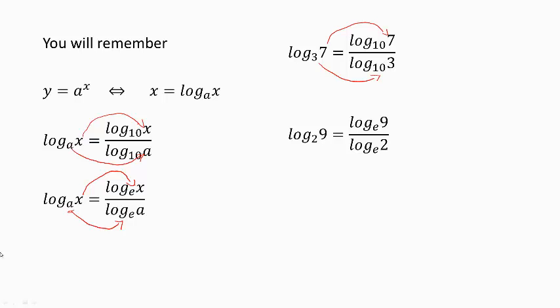Look at this example here, log to the base 2 of 9. I've converted this into natural logarithm, so base e and base e. You could test that out on your calculator if you wanted to, and you'd find that they come out to be the same number.